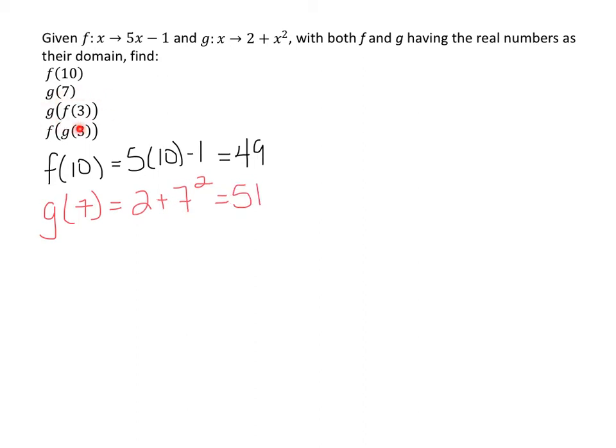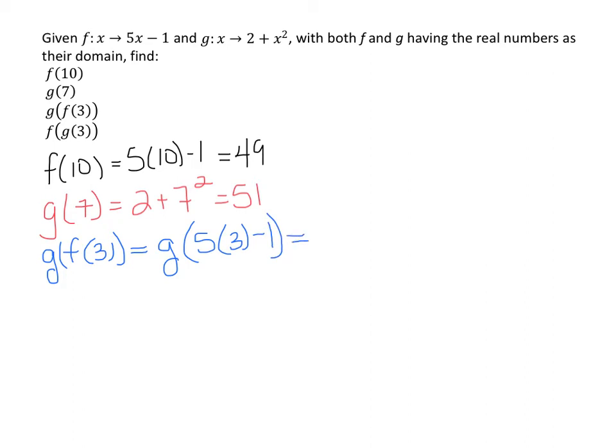For the next two, g of f of 3, f of g of 3, we'll use order of operations. So that means you'll start with the inside function and then move to the outside function. So let's take a look at the first one. G of f of 3 means we're going to take g of 5 times 3 minus 1.